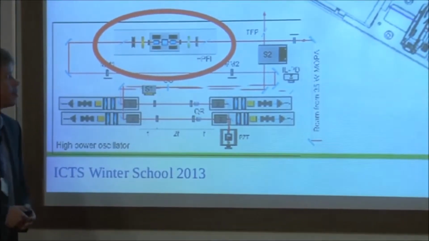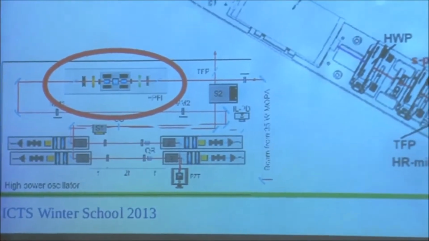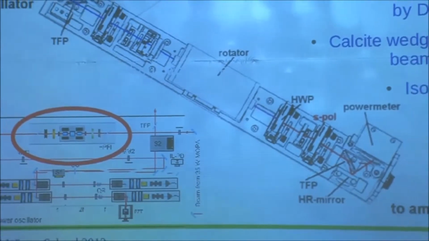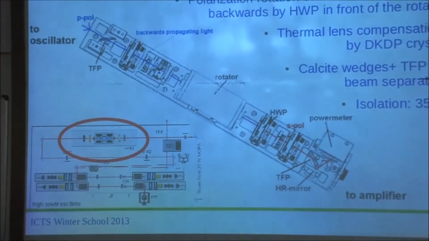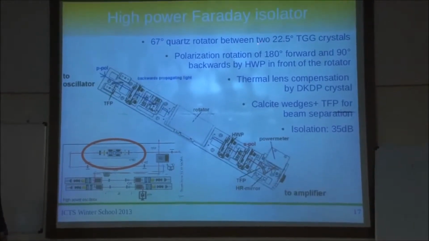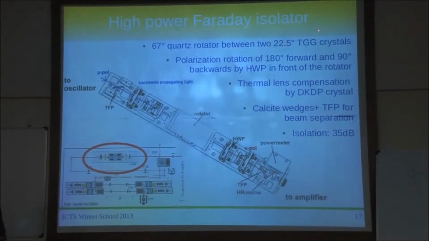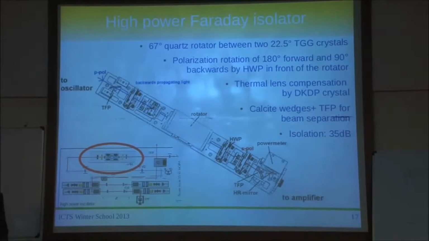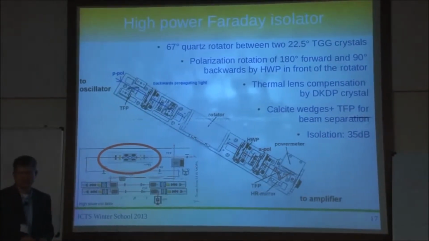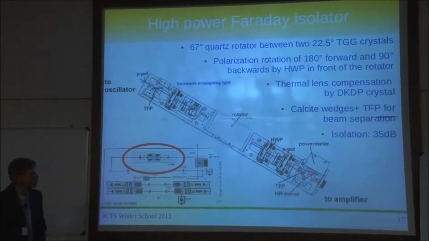Okay, here's a schematic of the high power Faraday isolator, and it's a very special one because it's designed for powers above 100 watts. It consists of a 67-degree quartz rotator between two 22.5-degree TGG crystals. I think TGG stands for terbium gallium garnet, some sort of garnet.